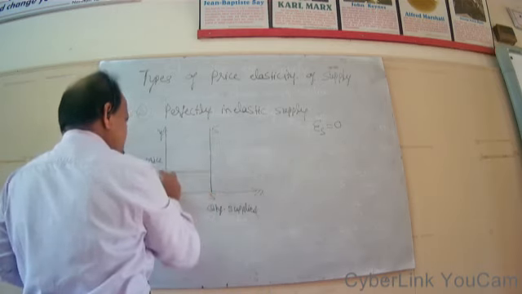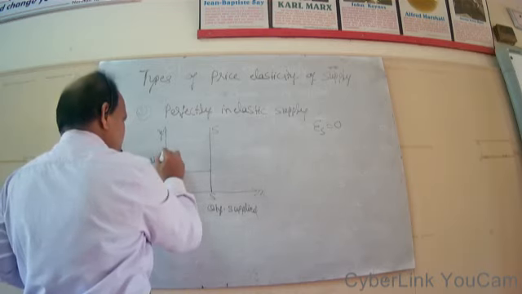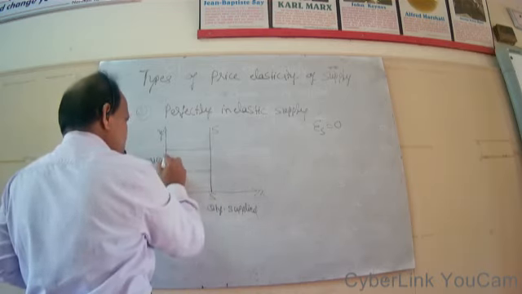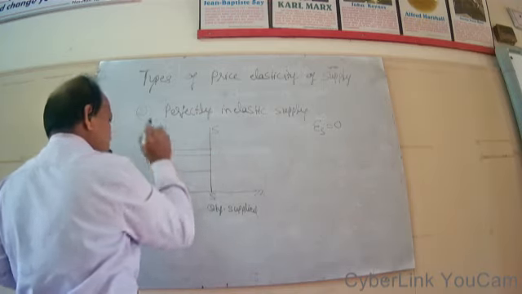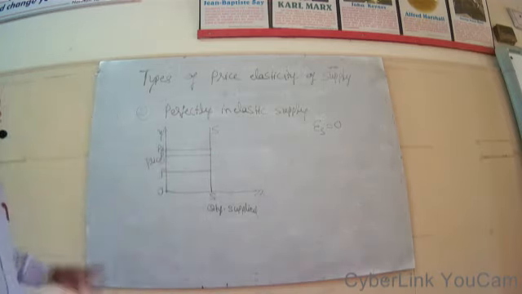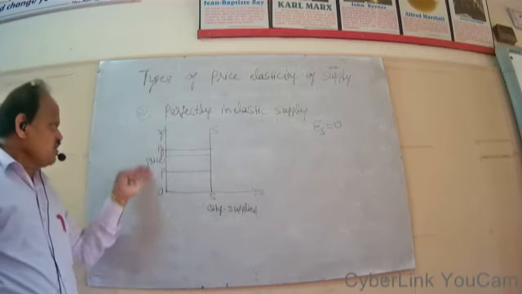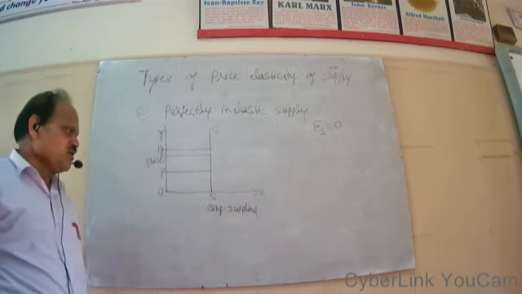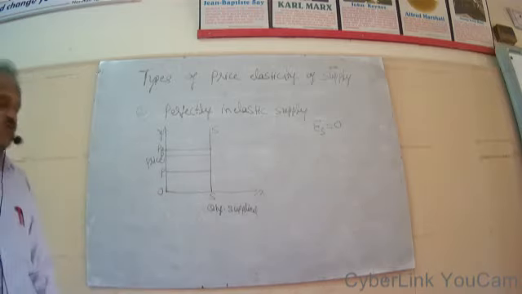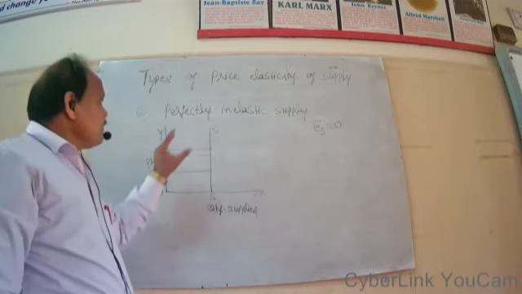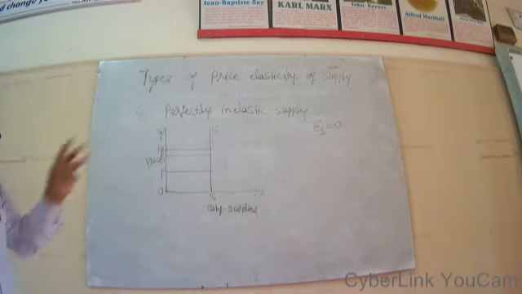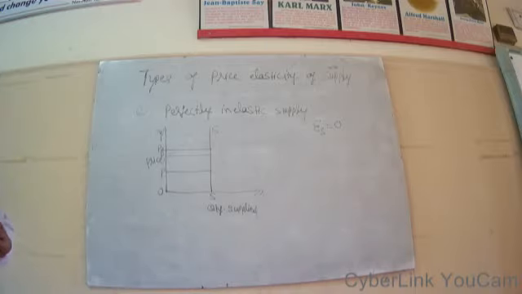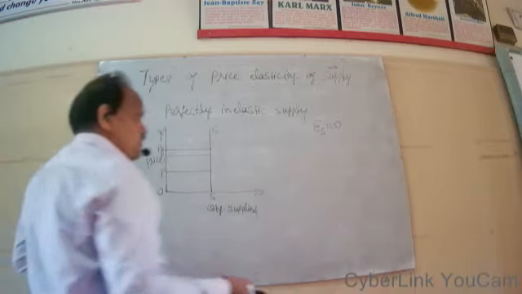Whatever may be the changes in price, quantity supplied remains the same. P, P1, P2, like that. So either price may increase or decrease. Here quantity supplied remains the same at OS level. Therefore, there is no change in quantity supplied, and supply will lose its elasticity completely. Therefore, the value of elasticity of supply ES will be equal to 0 in this type.